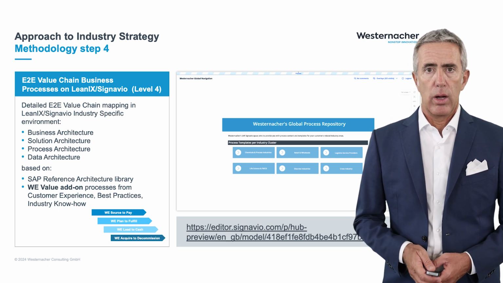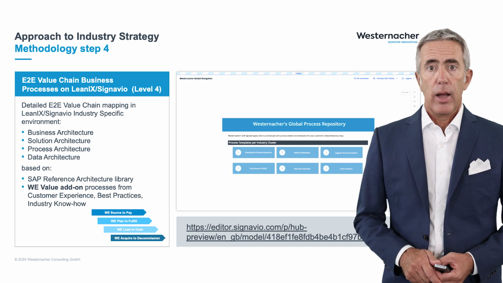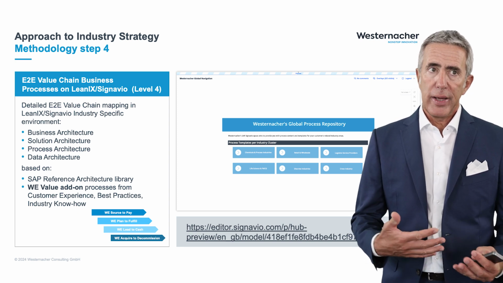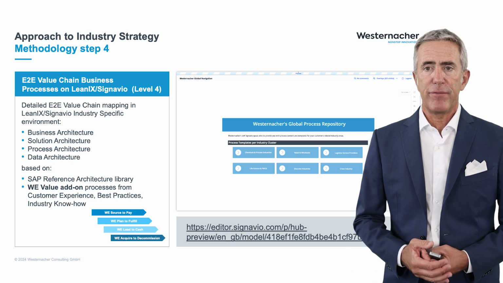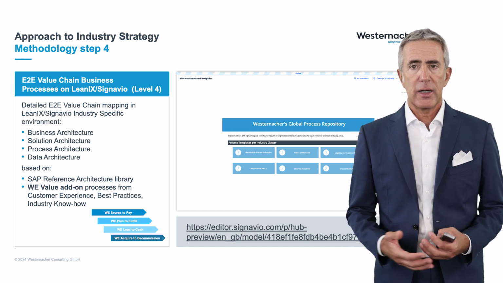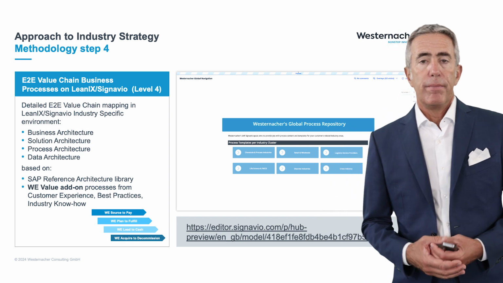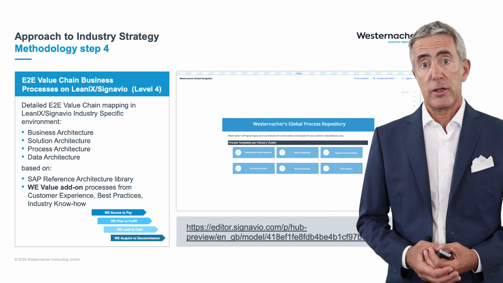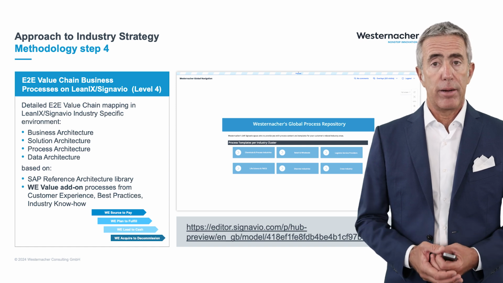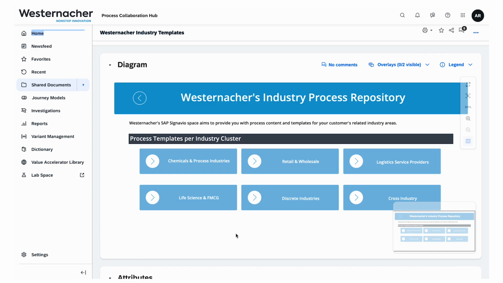And we see now in the system a little bit of what we have and how we can map basically the process architecture, the business architecture, the data architecture, and the solution architecture in LeanIX and Signavio. With LeanIX and Signavio, we can really map the sub-processes industry by industry. As you can see here, we have the key major industries that are priority one for Westernacher.